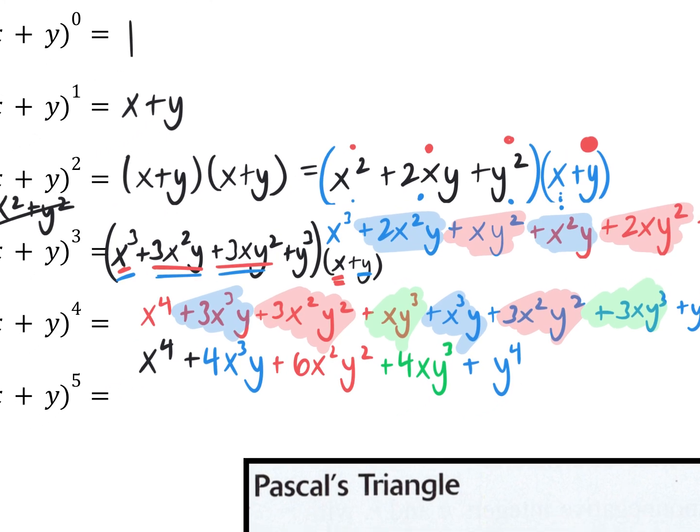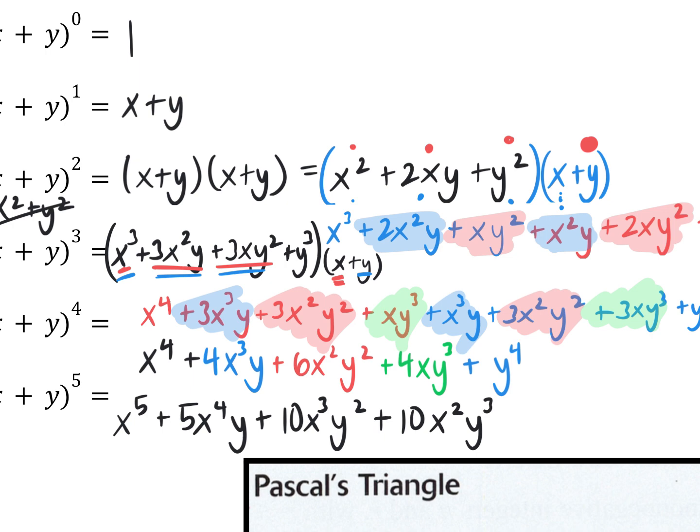So the answer for x plus y to the fifth power would be x to the fifth power plus, what was my number? 5x to the fourth y plus 10x to the third y squared plus 10x to the second y cubed plus 5xy to the fourth plus y to the fifth. That is your x plus y to the fifth power.